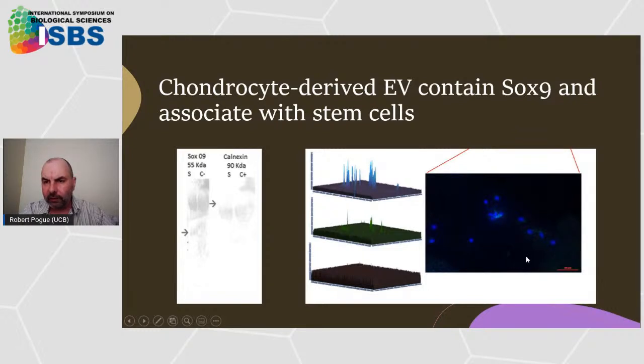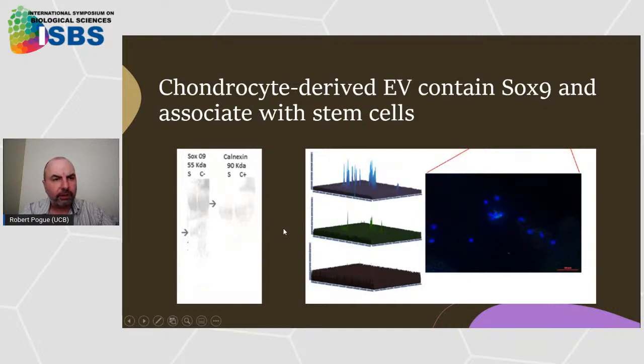And so this image here, it's perhaps not too strong, but it does show the vesicles associating with the cells. But we also used a software to show that we do have considerable overlap between the nuclear stain and the extracellular vesicle stain.